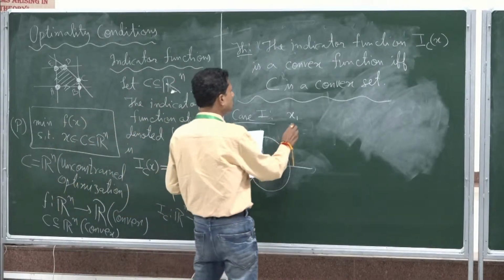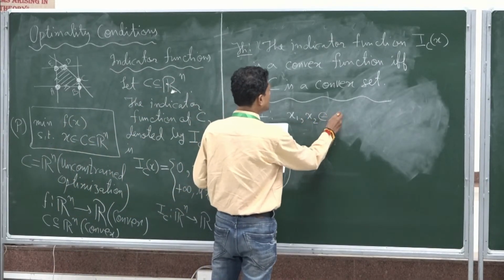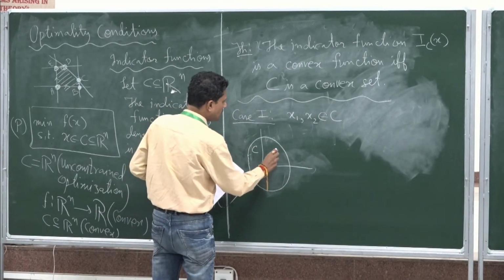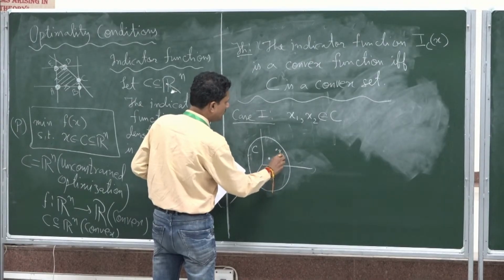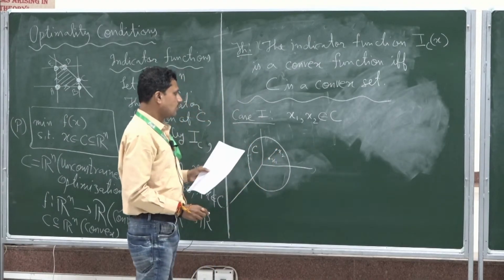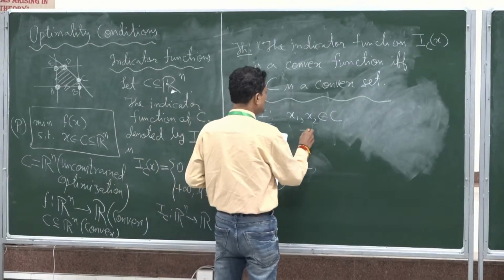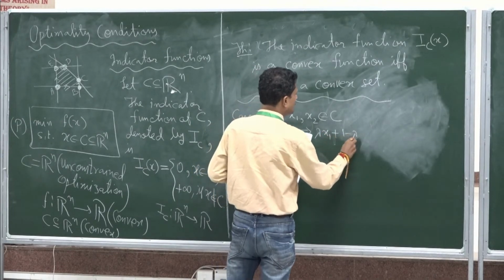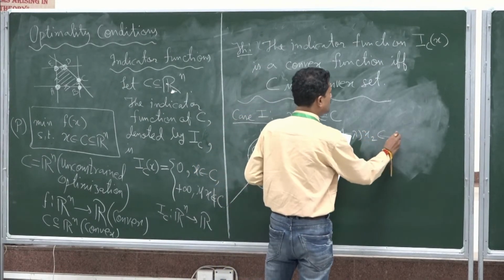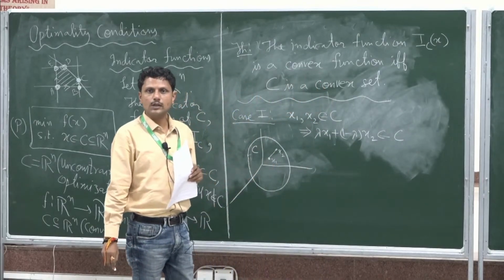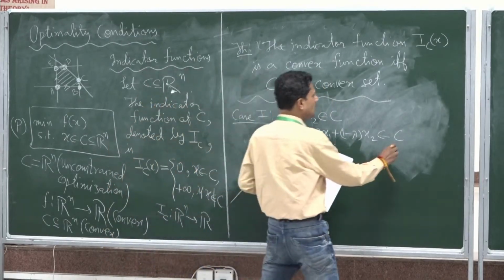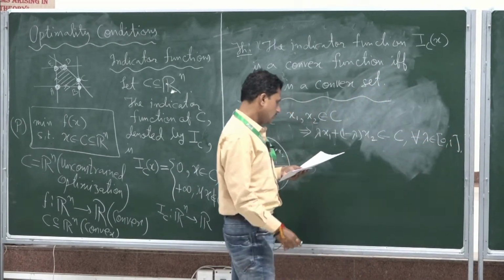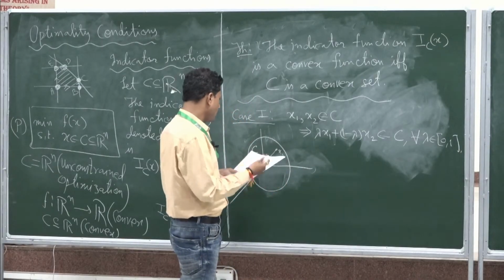So the possibilities are that x1 and x2 are in C. If both these points are in C, then by the definition of convexity, lambda x1 plus 1 minus lambda x2 belongs to C, for every lambda in [0,1], and then we can apply this inequality, right?